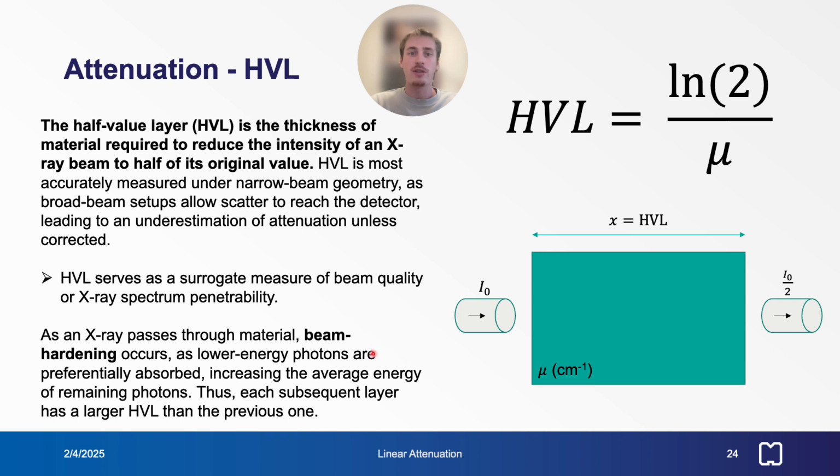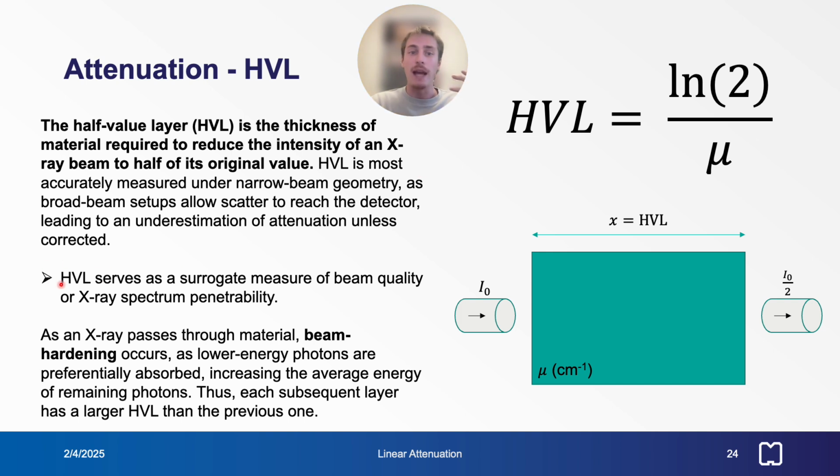Now, also central to attenuation is the concept of half-value layers. A half-value layer is defined as the thickness of material that's required to reduce the intensity of an X-ray beam to half of its original value, and is given by the equation shown here. This is most accurately measured under narrow beam geometry, as broad beam setups allow scatter to reach the detector, leading to an underestimation of attenuation unless corrected.